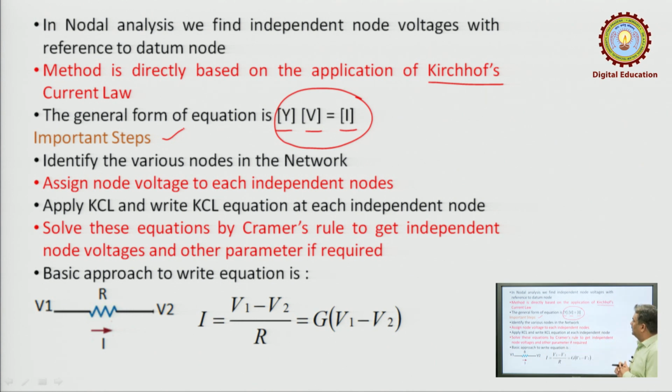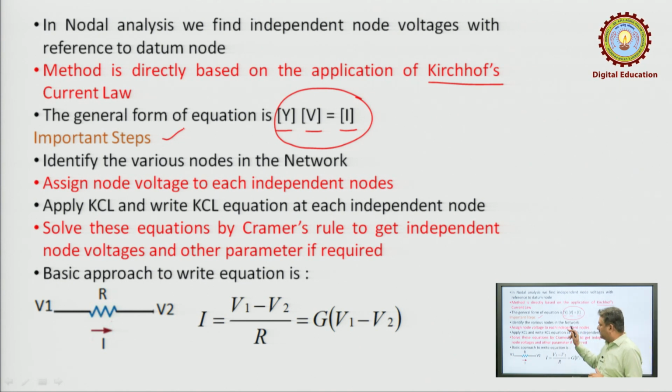After identifying the different types of nodes, the second step is to assign node voltages to each independent node. The third step is to apply KCL at each independent node and write the KCL equations.